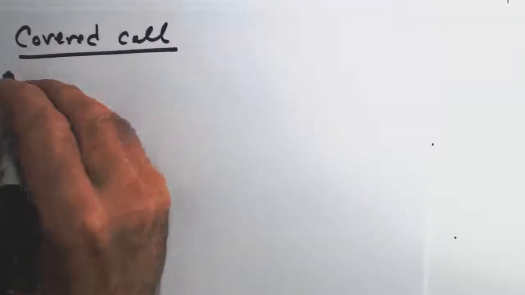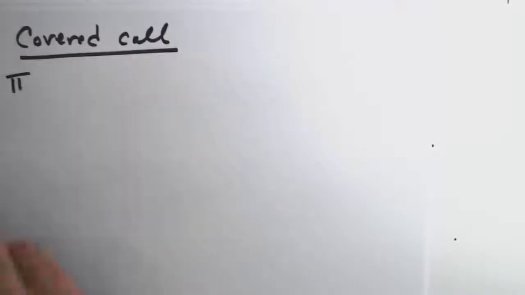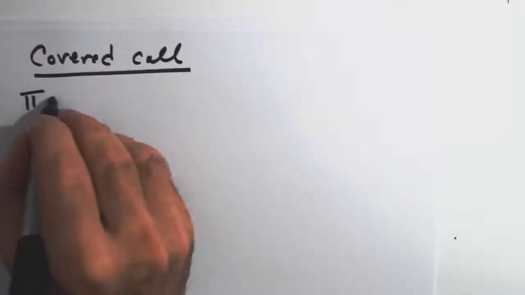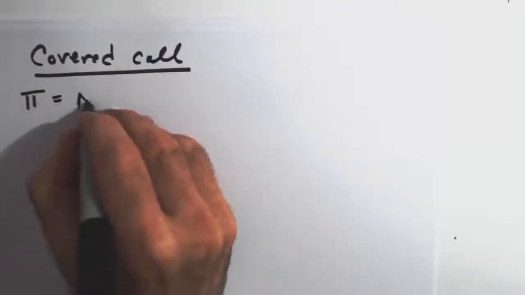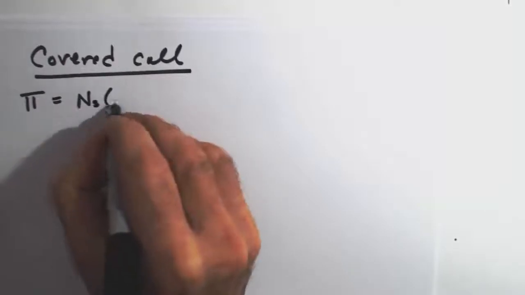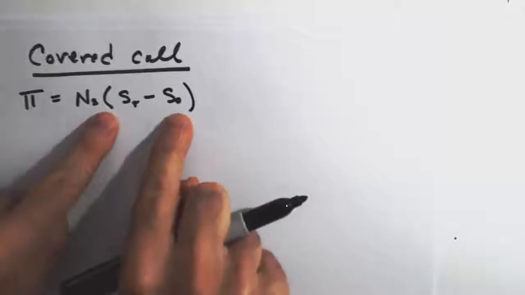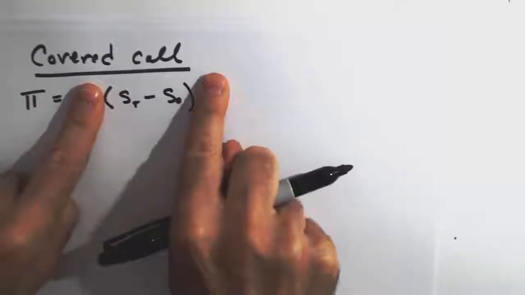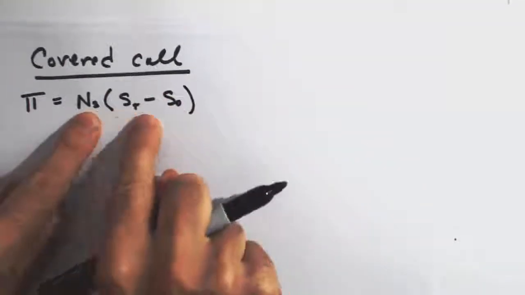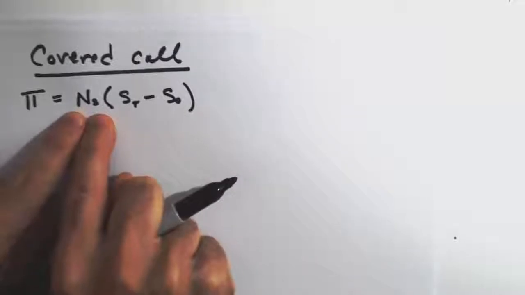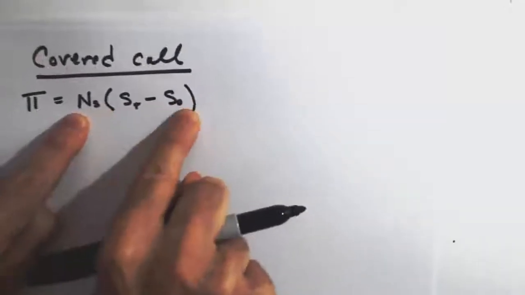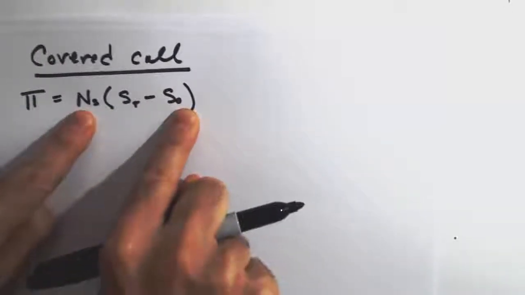So profit-wise, for the covered call, is equal to the number of shares of stock that we own, very generically here. That's our profit per share, and our profit per share times the number of shares is our profit or loss for a position in stock.